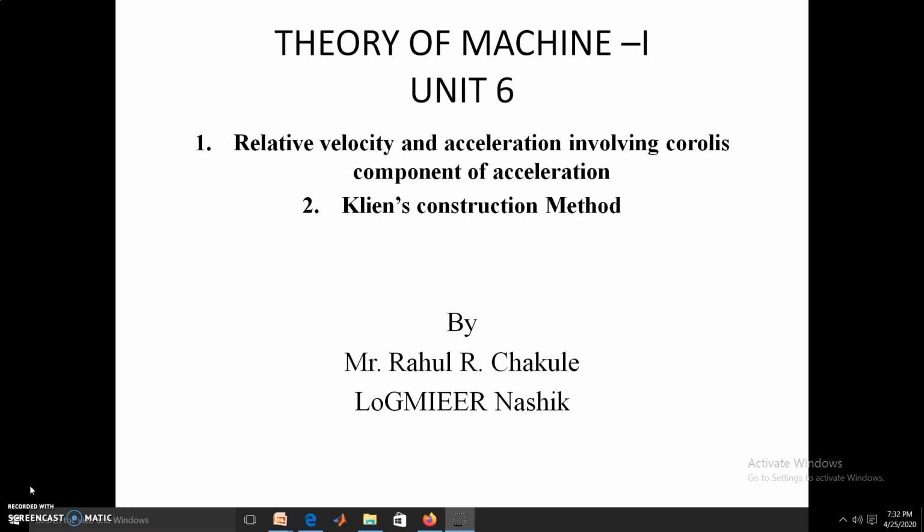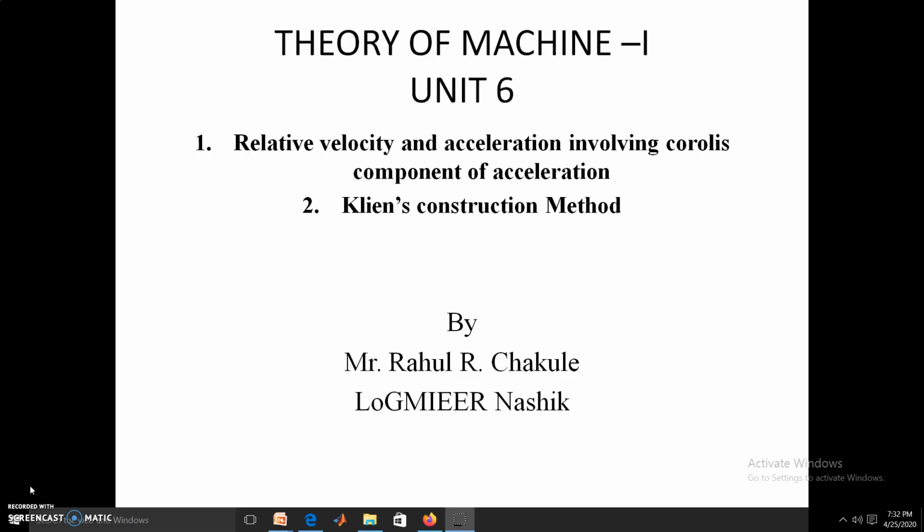In this method, two cases are given. Case number one, the crank is rotating with uniform angular velocity, and another case is the crank rotating with non-uniform angular velocity. In this discussion, I am taking case number one, where the crank is rotating with uniform angular velocity.